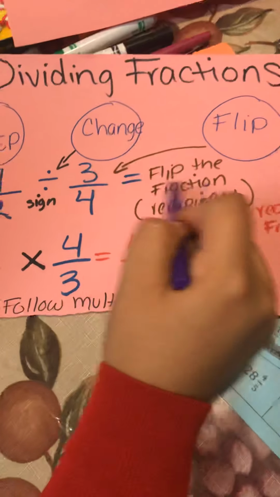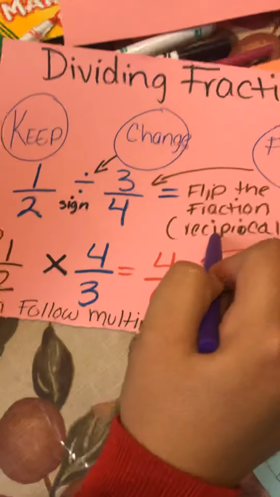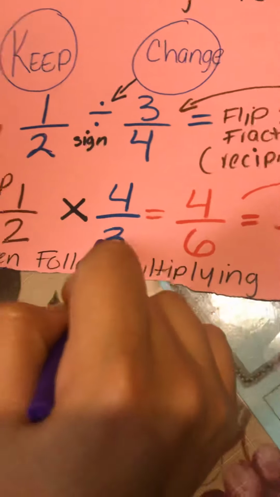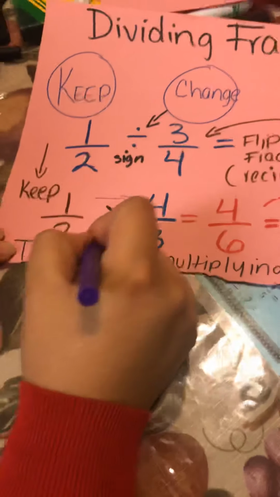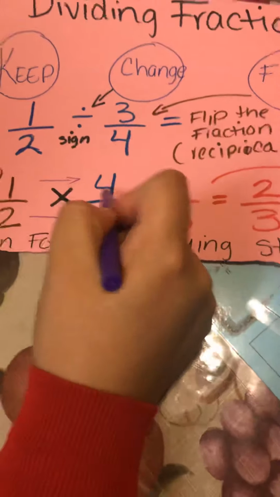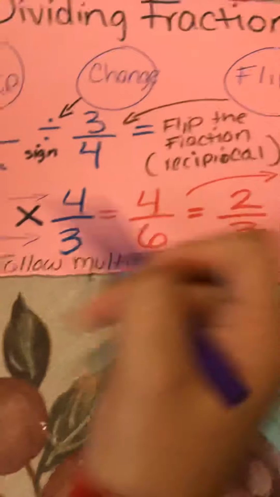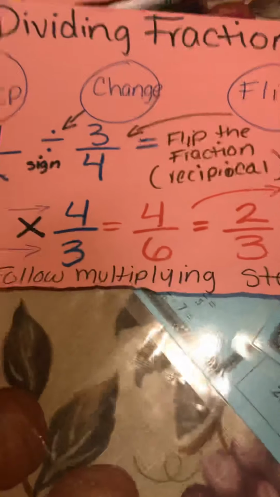Flip the fraction, or make it its reciprocal. So in this case, 3/4 becomes 4/3. Then I just multiply straight across. 1 times 4 is 4, 2 times 3 is 6. I have 4/6. What do you notice in 4/6?